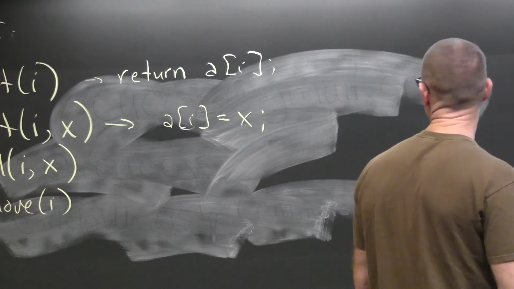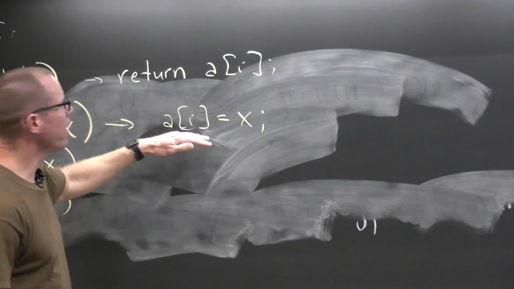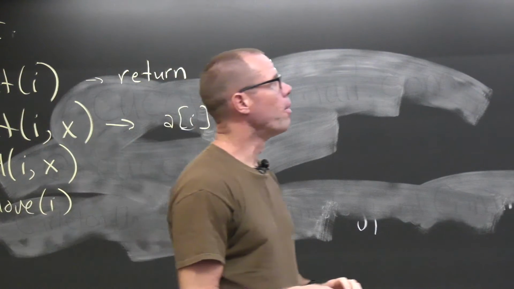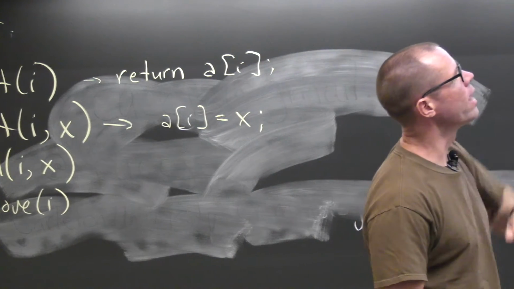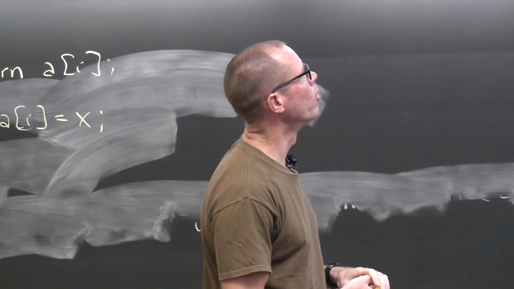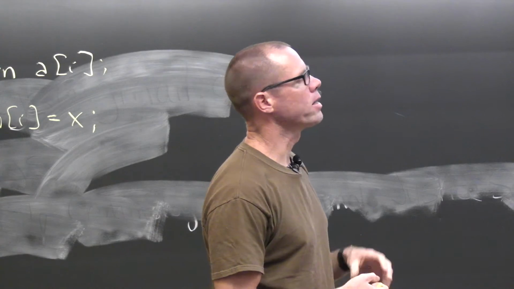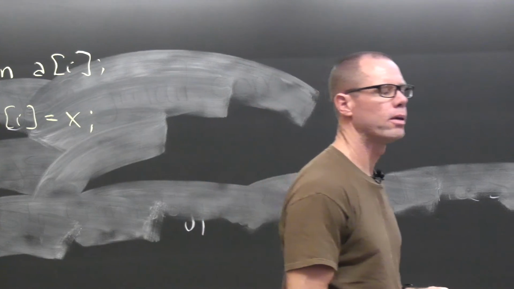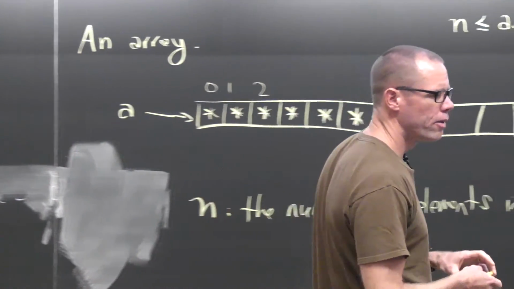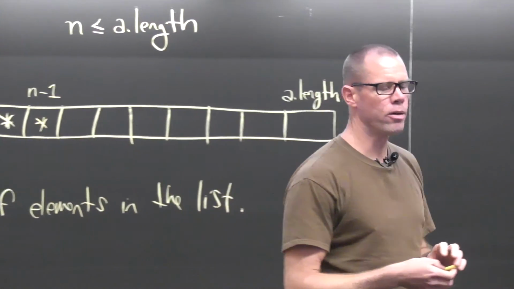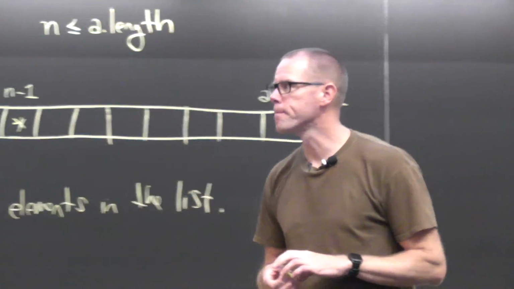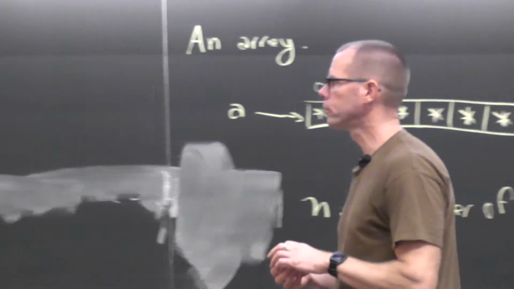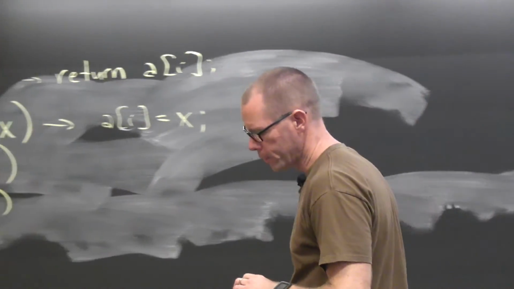So the key thing is we're setting A at I equal to x, but before we do that, we save the old value in this variable y, we set A at I equal to x, and then we return y. Okay. So those two things work exactly like you would expect. All right. Looks easy enough.